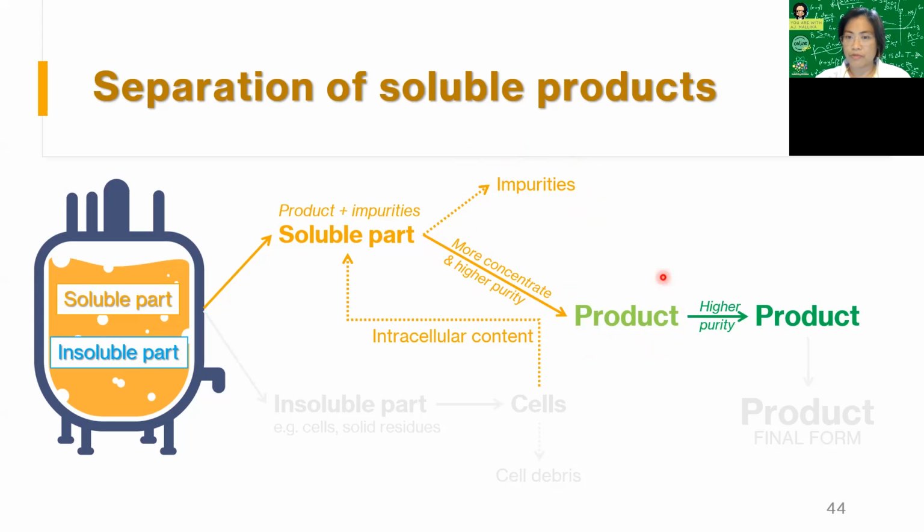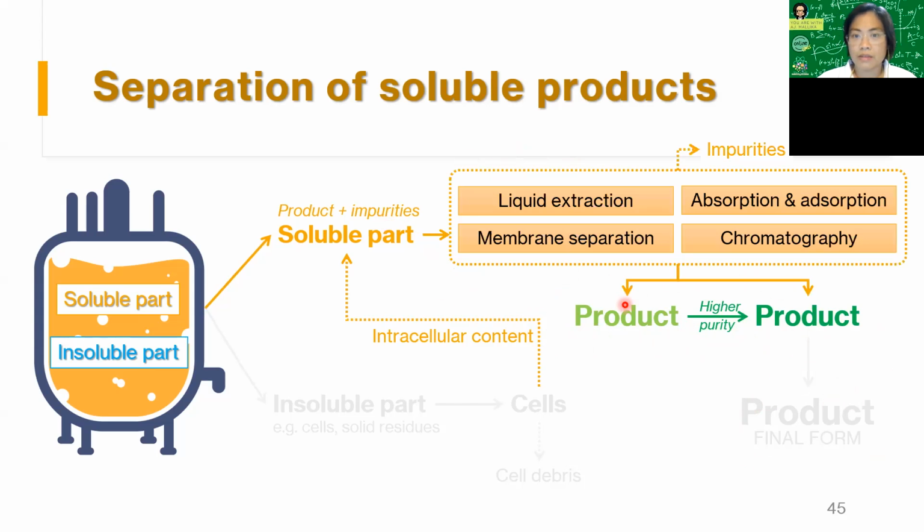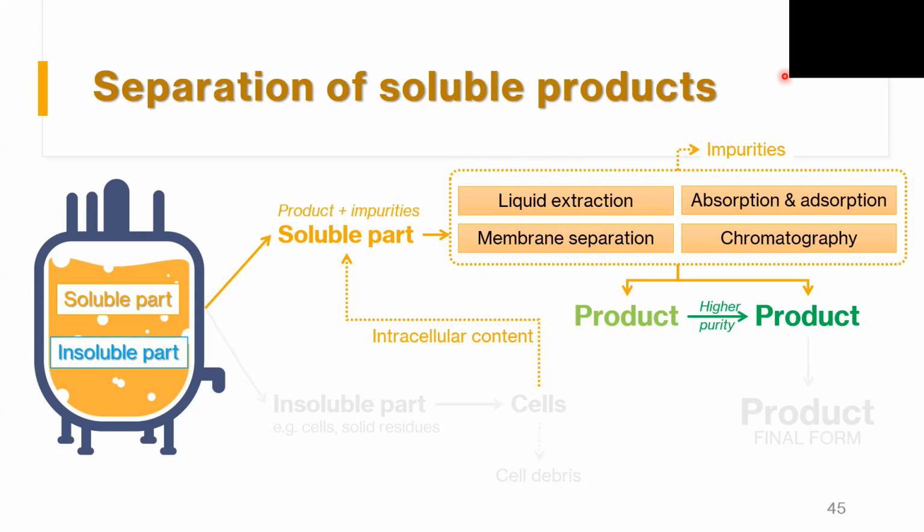Before we get the product to higher purity and to the final form of the product, what we are going to cover is the product in the soluble part, to get the impurities out.